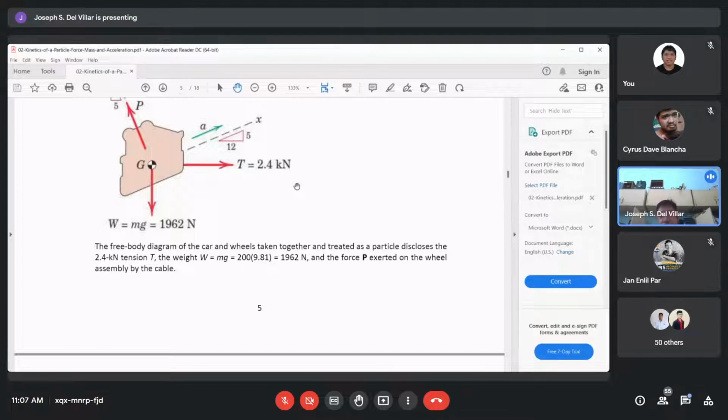That is 22 point... what is that? 5 divided by 12, arc tangent. It's 22.62 pala. Mali pala yung 0.16 ko kanina. 22.62 degrees. Now, that 22.62 degrees is the angle of the tension with respect to the x.